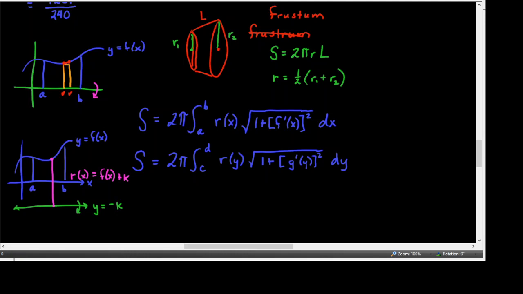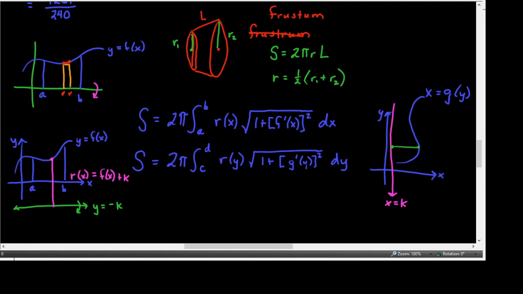Now, on the other hand, if you're talking about the case where our function looks, let's say, like this, where x is a function g of y, and your axis of revolution, let's say, is x equals k, then the radius is going to be the distance from the axis of revolution to that curve.